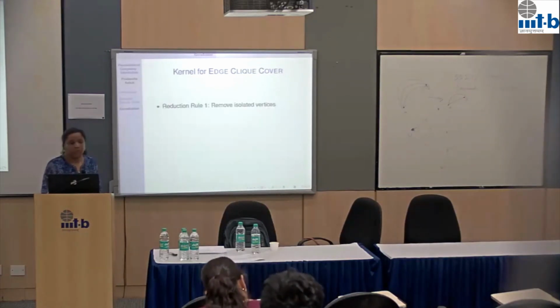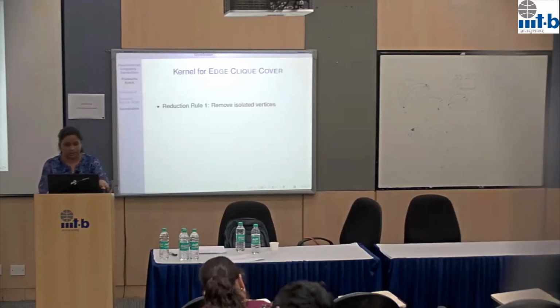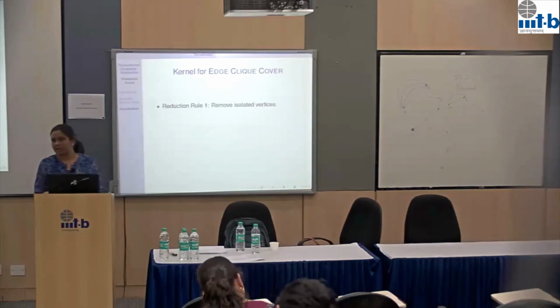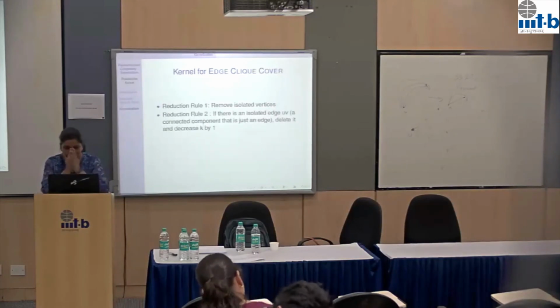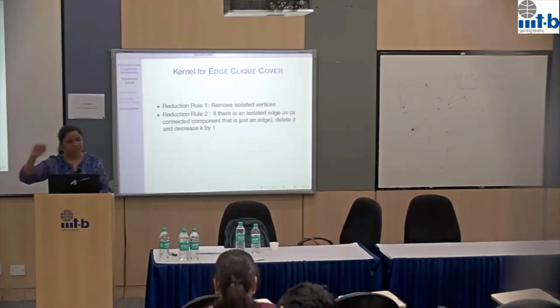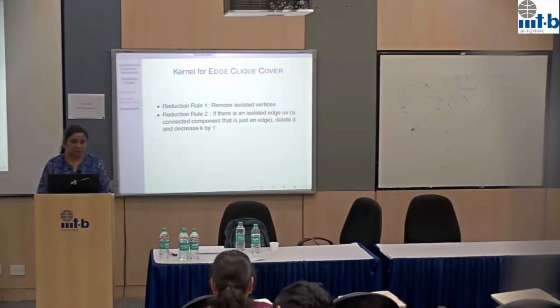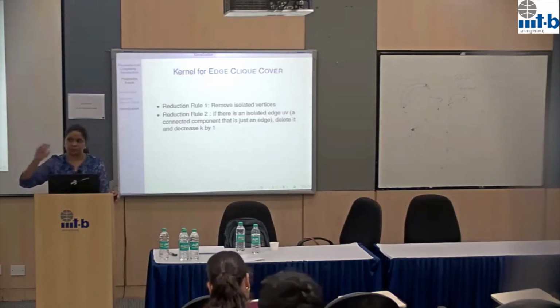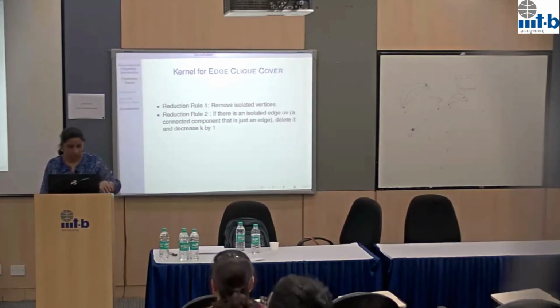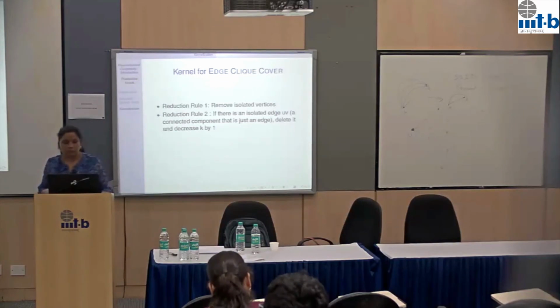Right. So the reduction is this: remove isolated vertices. It's fine, right? Isolated vertices have no edges in them. Next, if there is an isolated edge, by which I mean two vertices of degree 1 joined by an edge, what can you say?